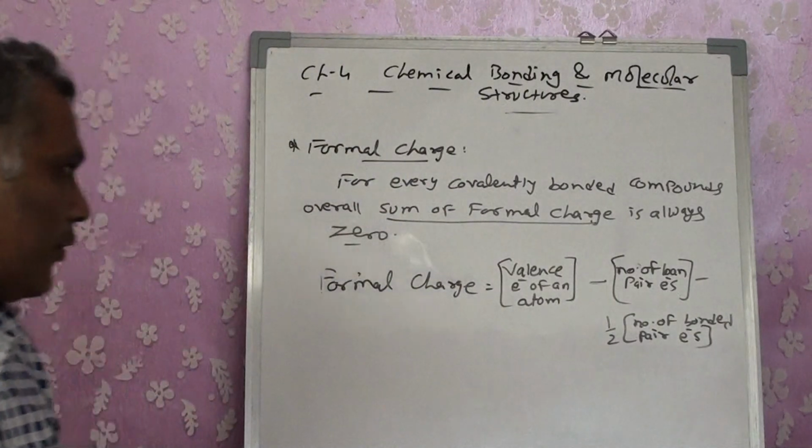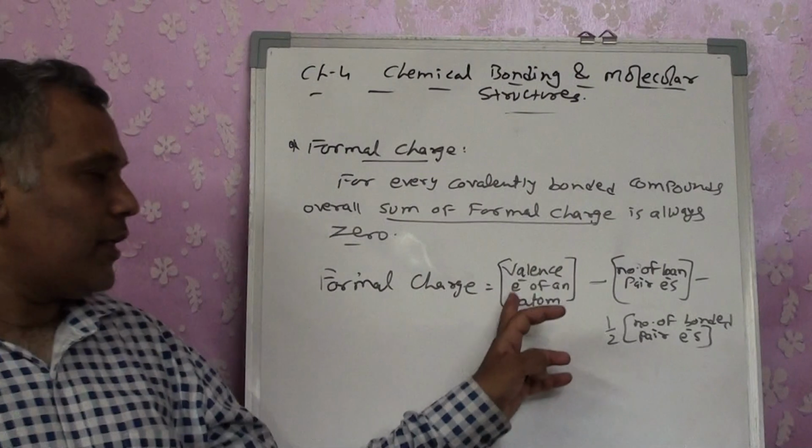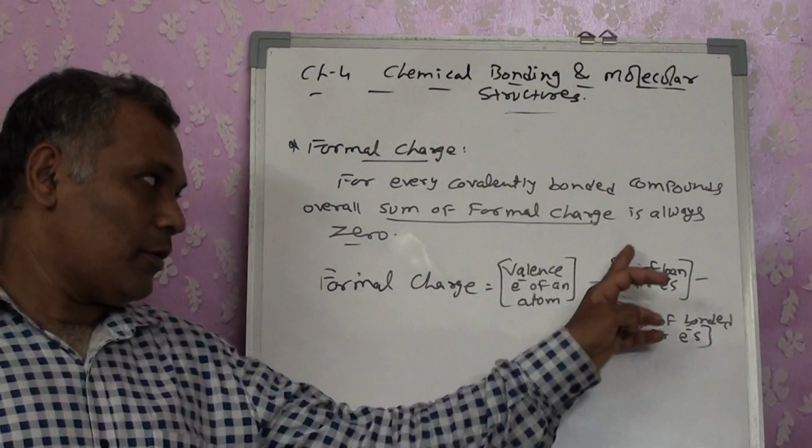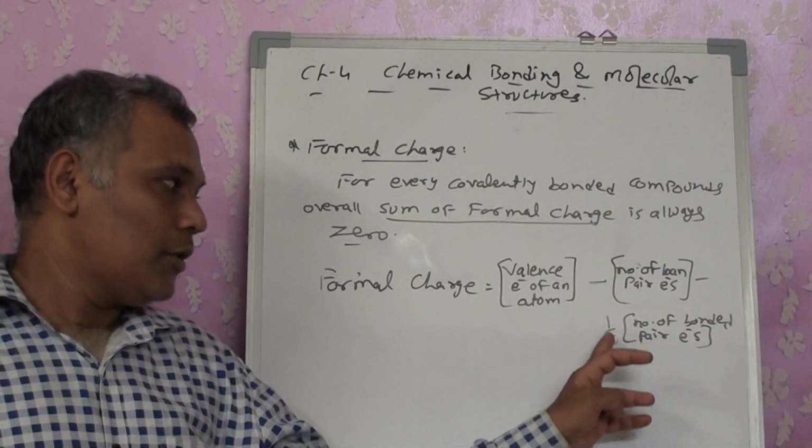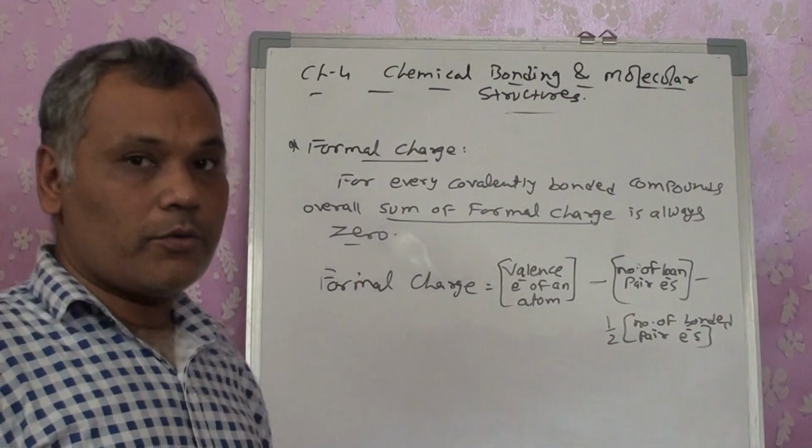The formula we have for the formal charge: valence electrons, minus number of lone pair electrons, minus half the bonded electrons.